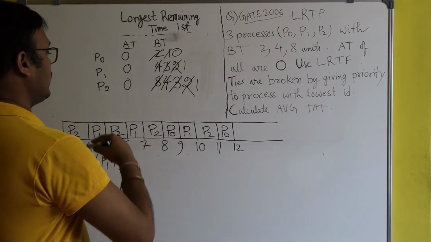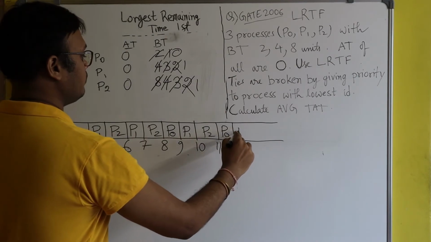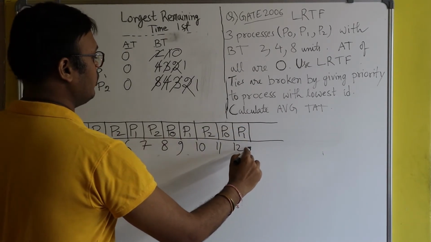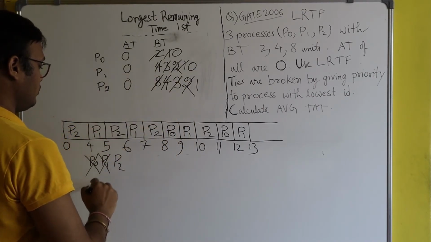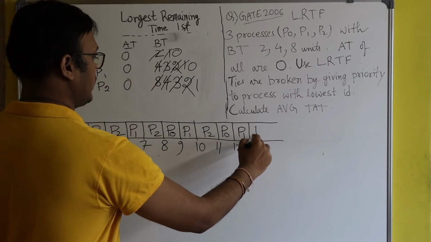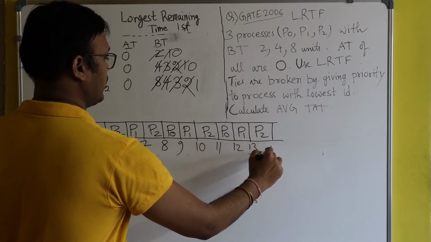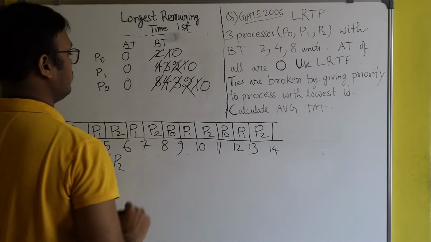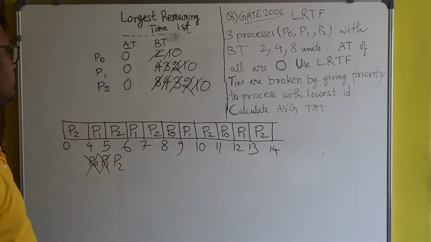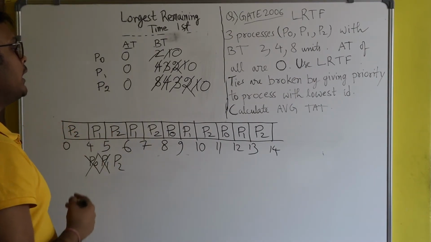Now CPU will be given to process P1, from 12 to 13. P1 is done. Similarly, at the end, 13 to 14, P2 is also done.